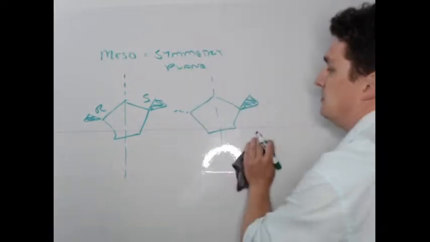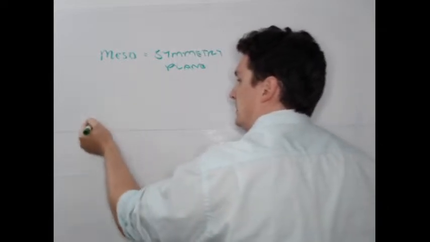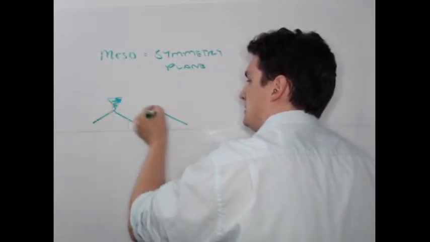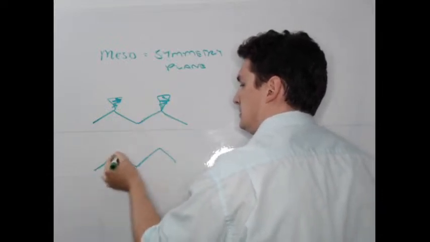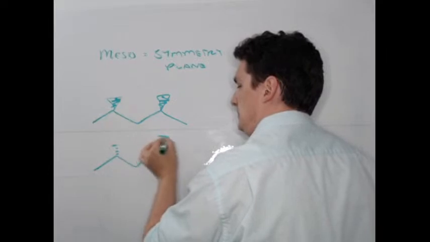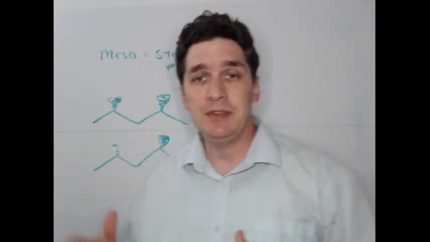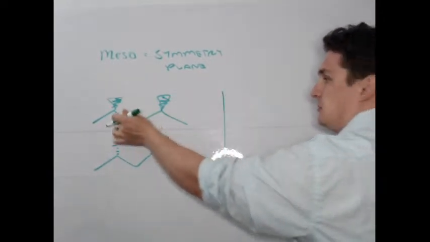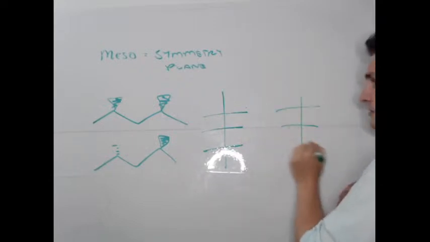The linear ones get a bit more challenging. So this is where your Fischer projections are going to come in handy. We've got these two compounds here, and if we draw the Fischer projections, we've got 1, 2, 3, and 2, 3, 1, 2, 3.